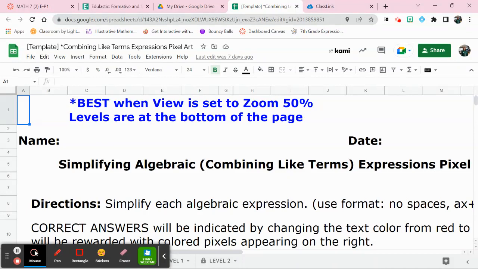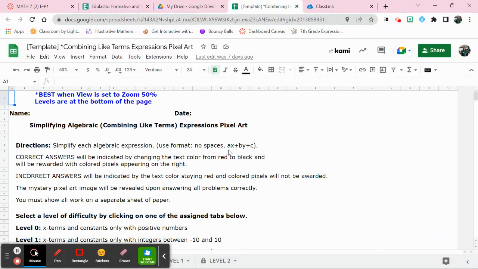So this says it's best if we have it at 50%, and your levels are at the bottom of the page. So I'm going to put this at 50 so we can see it. All right. It says here, simplify each algebraic expression. Use the format with no spaces when you type in the answer. So you can see they have A is numbers.